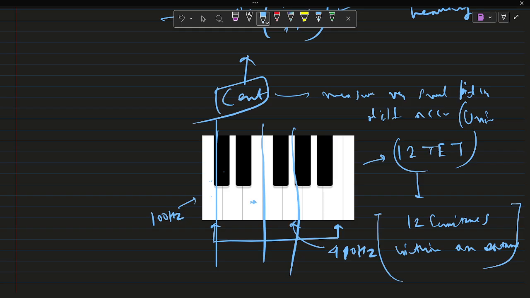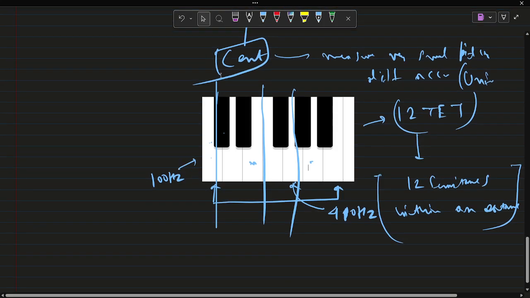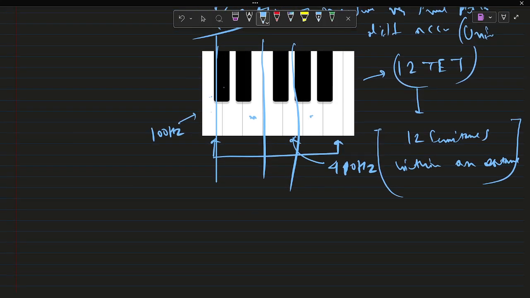If you get a plus 1 cent increment from this note, you will get the same perception as if you are at another note and increase it by 1 cent, because the ratio between adjacent frequencies is equal. So what is basically a cent? Let me first define it.